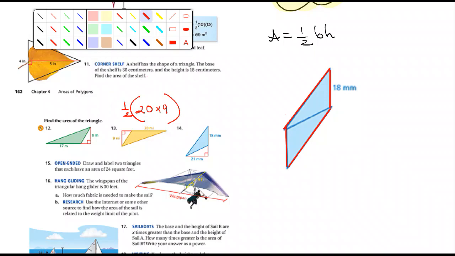And this shows you why it's 1/2. We're trying to find the area of the original triangle, this one. And so I just spun it around and made it into a parallelogram. It's a parallelogram cut in half. So remember, it's 1/2 times the base times the height, okay?